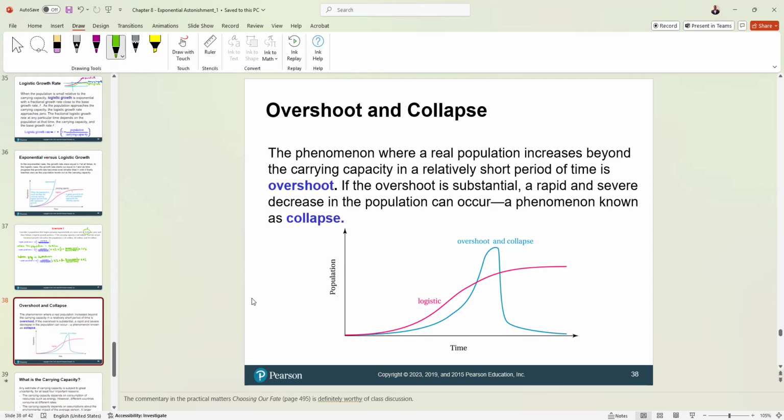That phenomenon is called a collapse. That's very important. You can see this graph. Remember, there would be that carrying capacity that's supposed to go somewhere here. So overshoot is because it goes up over the carrying capacity. Now, after that, something happened, it collapsed. So very important. Think about it.